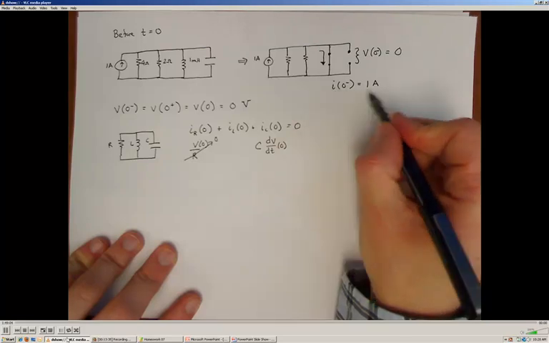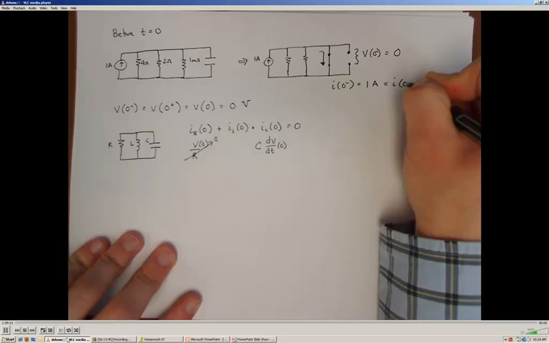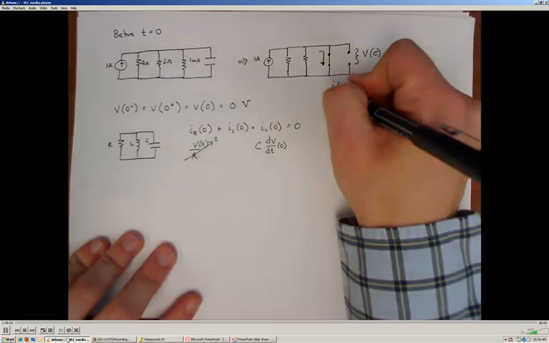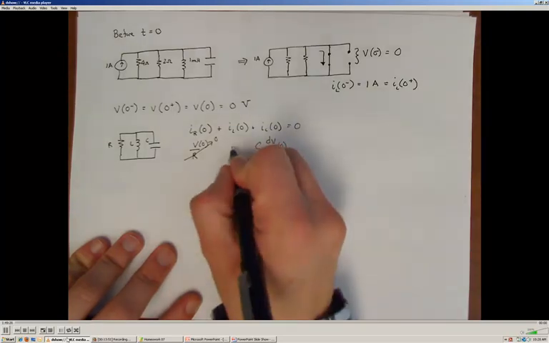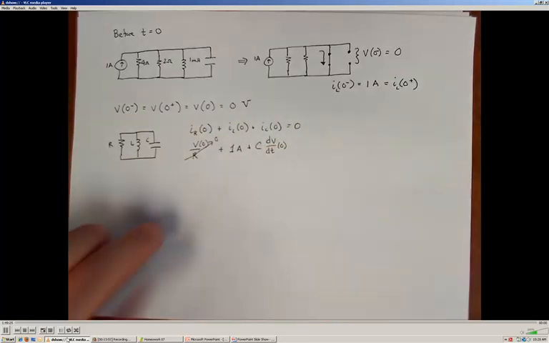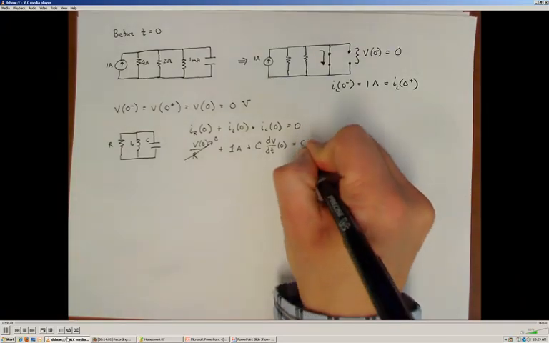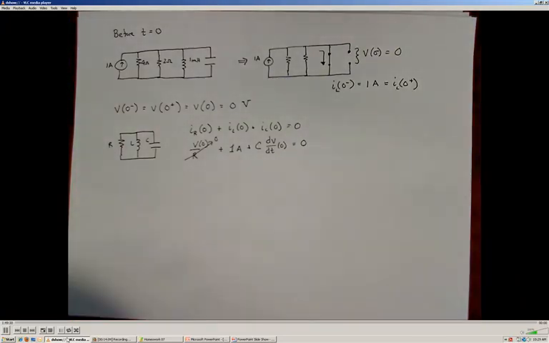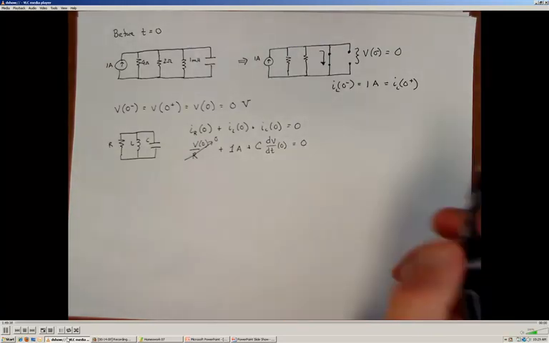And right after we open the switch, that current through the inductive element also has to be 1 amp. So initially, we have 1 amp of current right at the very instant that we open the switch flowing through that inductive element. This gives us what we need to solve for the rate of change, or our derivative initial condition.